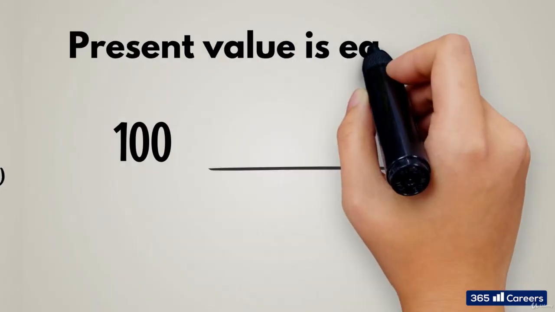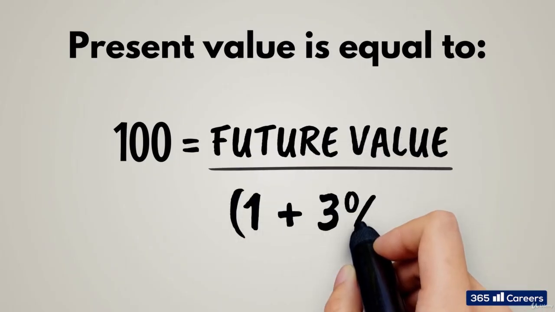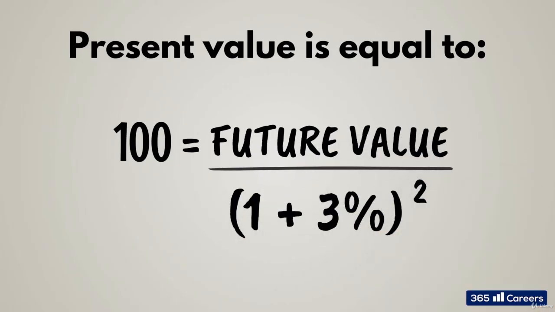The present value, 100, is equal to the future value divided by 1 plus 3% to the second degree. So when we must discount a future cash flow that is n years from now, we must divide it by 1 plus I elevated to the nth degree.